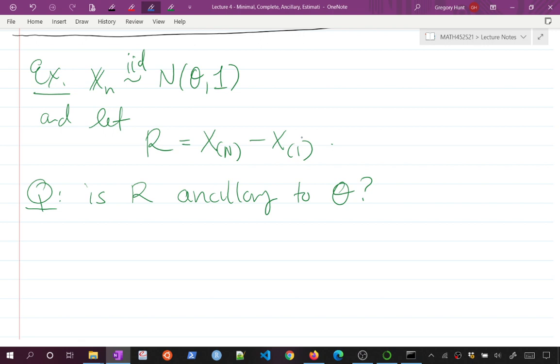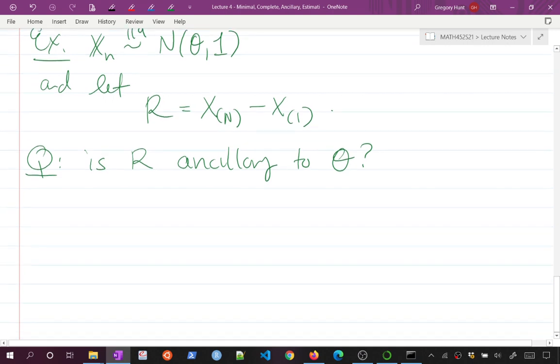But if I said that theta were 10, I would always expect my maximum to be above 4, because on average it's going to be about 10. So certainly the maximum and the minimum depend on theta. And so the question is, if I take the difference, is that ancillary to theta?